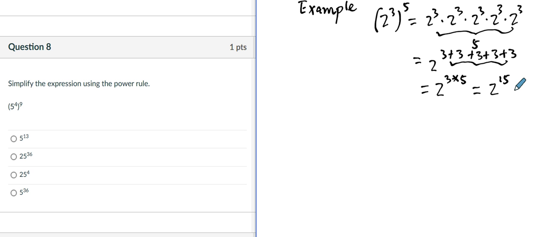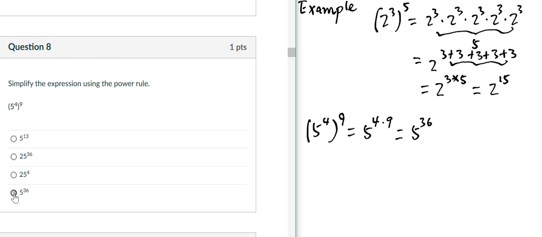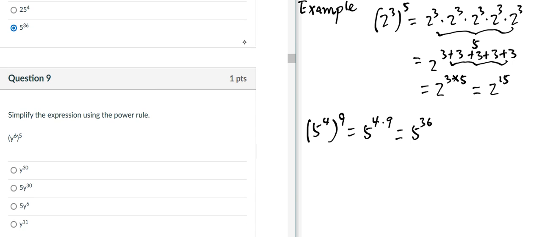So then here will be easy now. 5 to the 4th, 10 to the 9th is 5 to the 4 times 9, which is 5 to the 36. That's it.